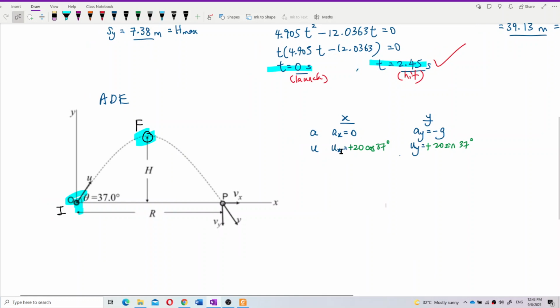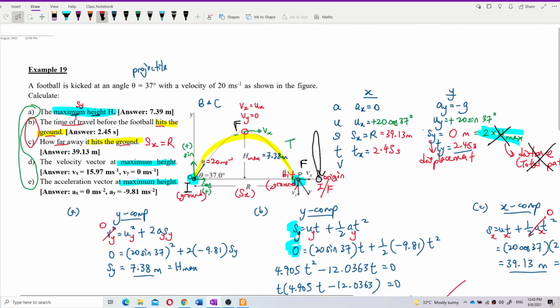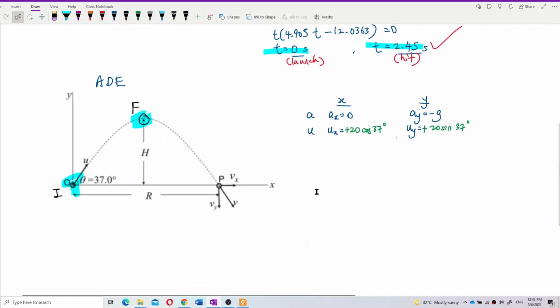The initial velocity ux and uy you can use back. Now we want to find velocity. The question asks for the velocity vector at the maximum height. So we want to find this velocity, the final velocity here. Okay, so how? This is at the maximum height.